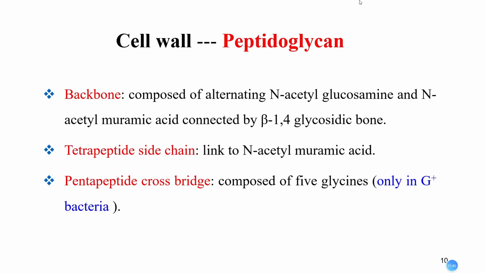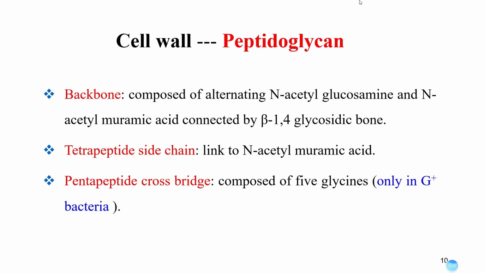Okay, the cell wall. The major component of the cell wall is peptidoglycan. It contains the backbone. The backbone is composed of alternating saccharides. One is N-acetyl glucosamine, and the other one is N-acetyl muramic acid. It's two sugar molecules. You don't have to know the exact structure of these two sugar molecules.